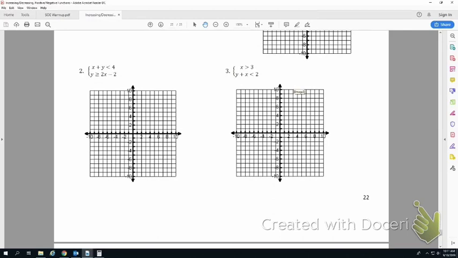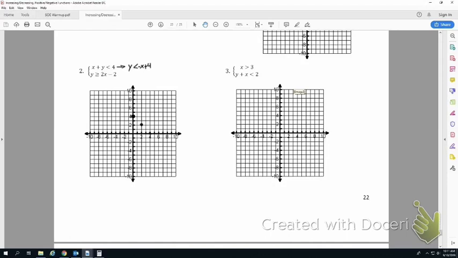Going to 2 and 3. So on 2, Daniel, if I wanted to change this to slope-intercept, what would I need to do? Subtract the x. Okay. So I end up with y is less than negative x plus 4. Jeremiah, what is my y-intercept? 4. And what is my slope? Negative 1.